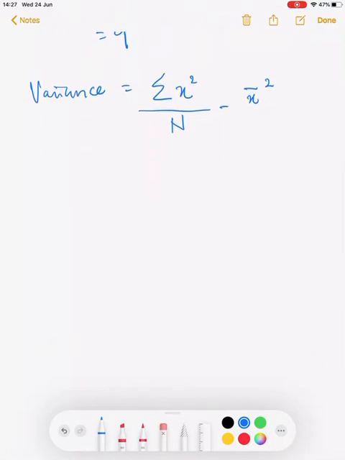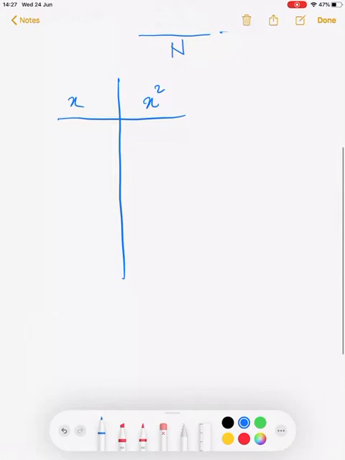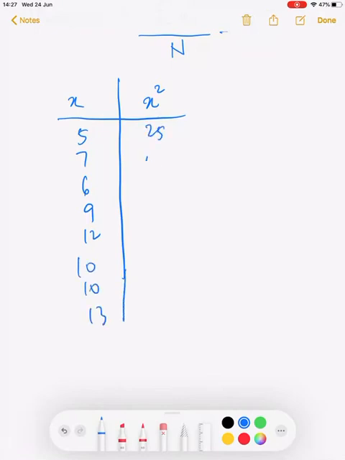So x squared: for 5, 7, 6, 9, 12, 10, 10, 13, we get 25, 49, 36, 81, 144, 100, 100, 169.